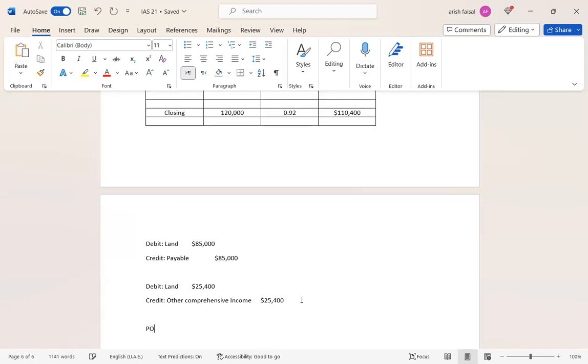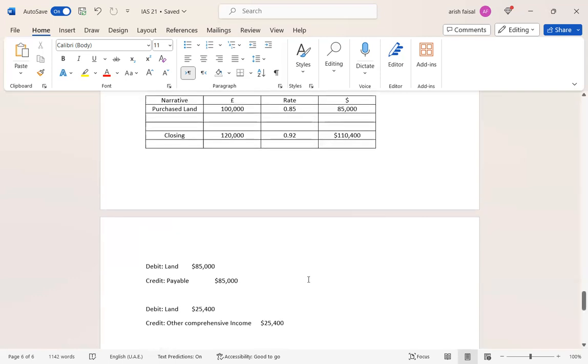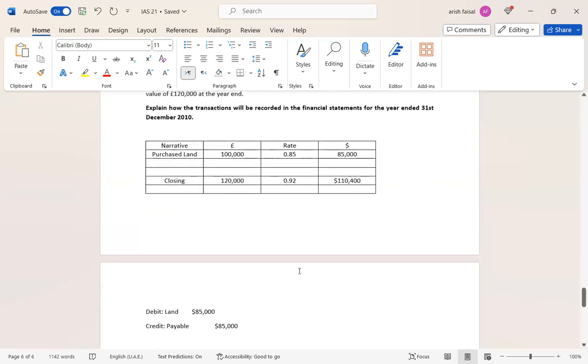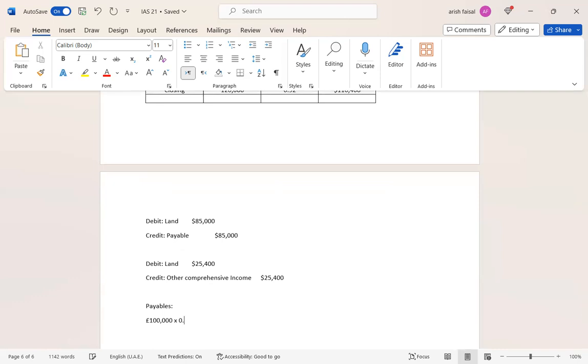However, for the payables, you initially recorded it at 85,000, but now that will turn out to be 100,000 multiplied by 0.92. That's the rate at the end of the year. So this liability turns out to be 92,000. So the liability went from 85 to 92.